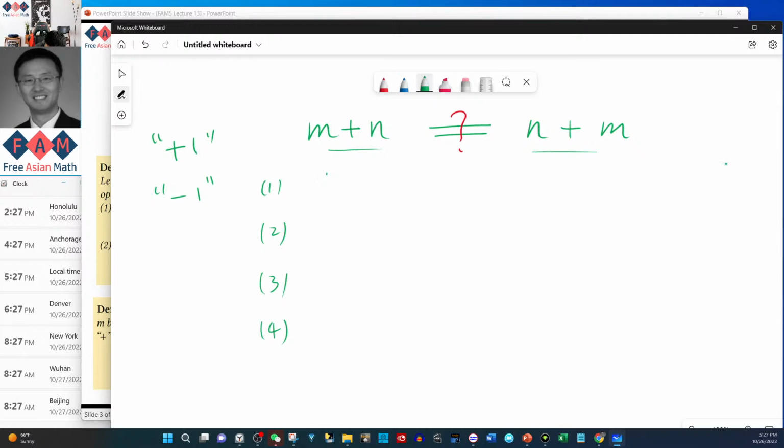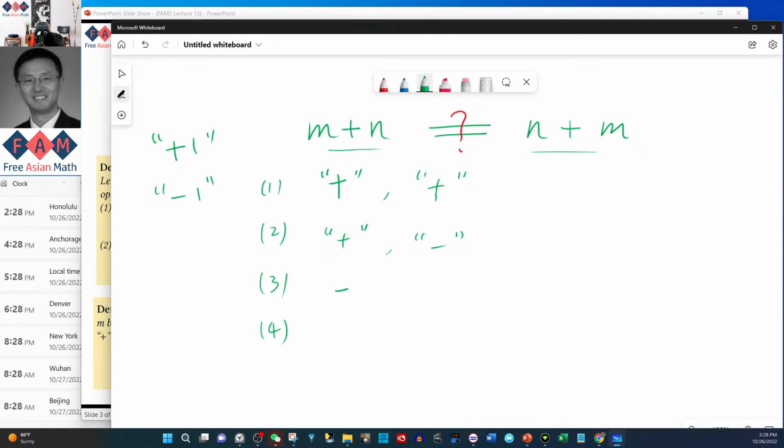The first is m is positive and n is also positive, right? The second is m is positive but n is negative. We're talking about the signs of m and n.